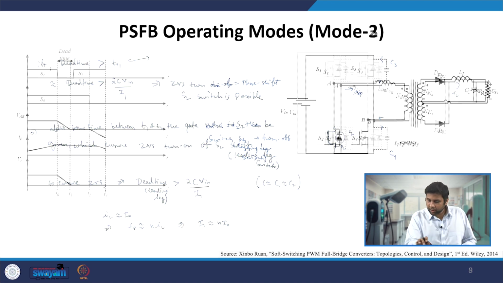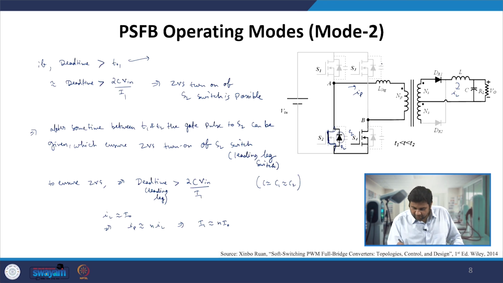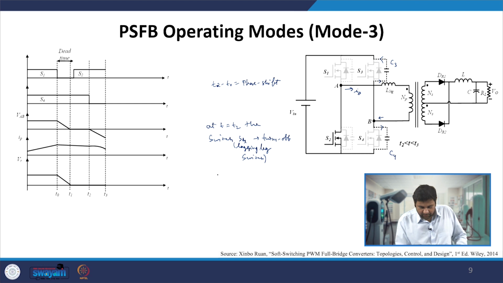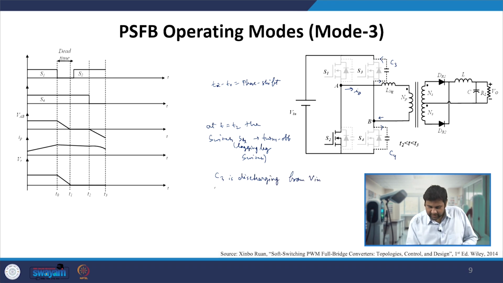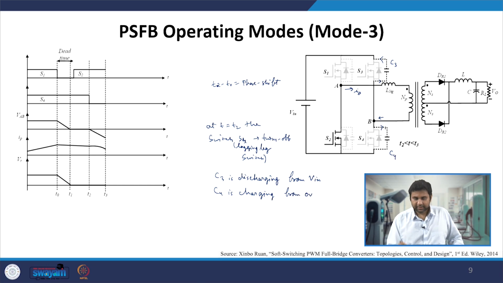If you recall the previous case, where this was off, VC3 is nothing but Vin, and VC4 is equal to 0. Now C3 is discharging from Vin voltage and C4 is charging from 0 voltage because of the direction of the current.